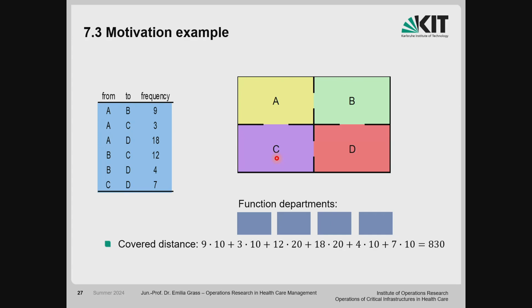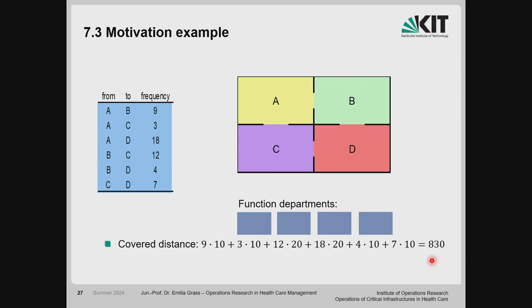Then we have D as the last one, and then we can determine the objective function, which is simply 9 times 10 plus 3 times 10, and so on, where 10 is always the meters, multiplied by the frequency. The objective function is 830 weighted meters, weighted by the frequencies. So if we have to walk 9 times, then overall it is 830 meters that we have to walk, maybe per day.